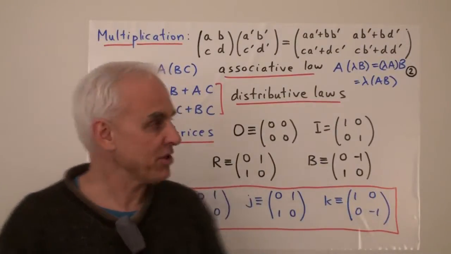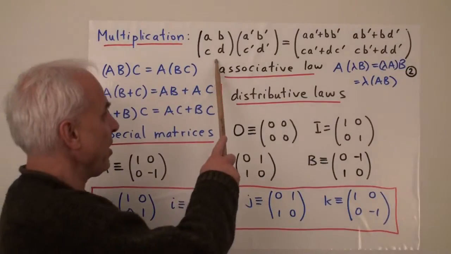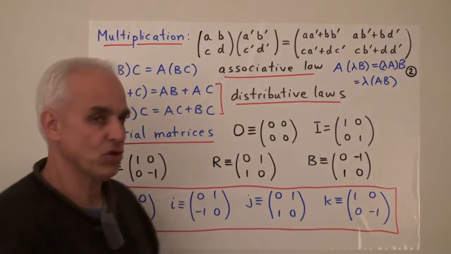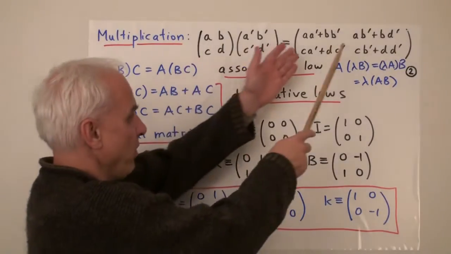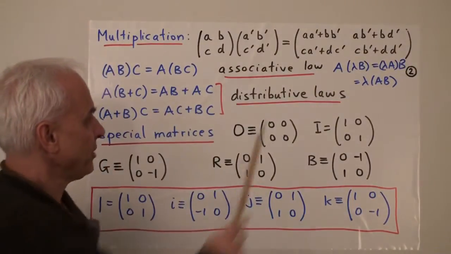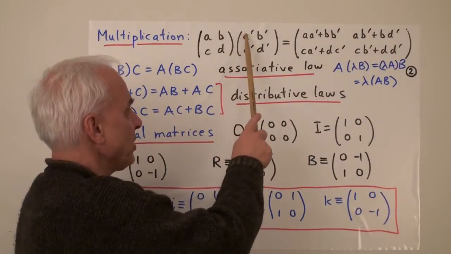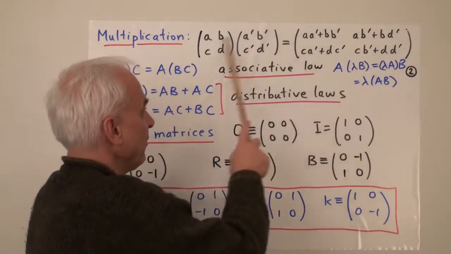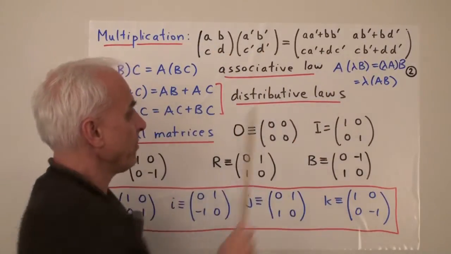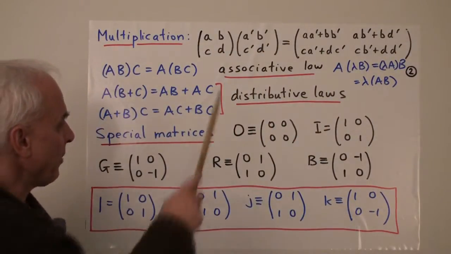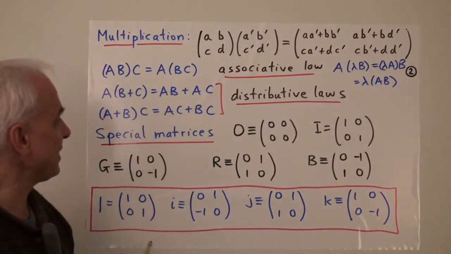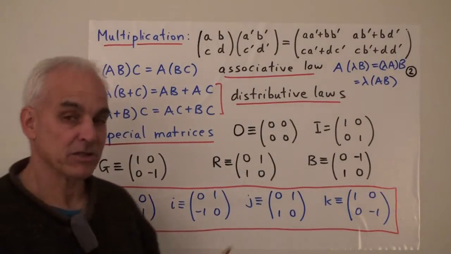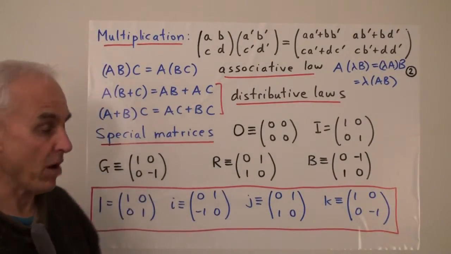All right, so let me remind you what the multiplication is. Of course, it's very familiar, I hope. Here's two 2 by 2 matrices, and here is how we multiply them. So this entry here is this row times this column. This entry here is this row times this column, and so on. So that's how we multiply matrices, and then we've seen that this multiplication satisfies some properties.